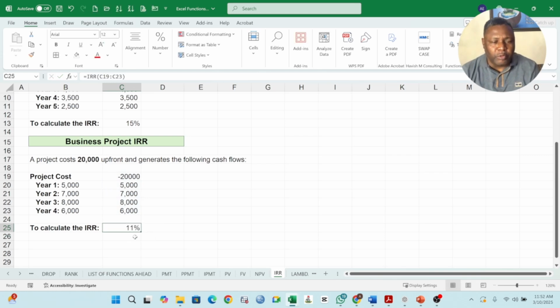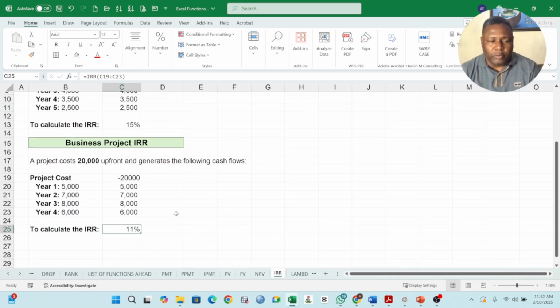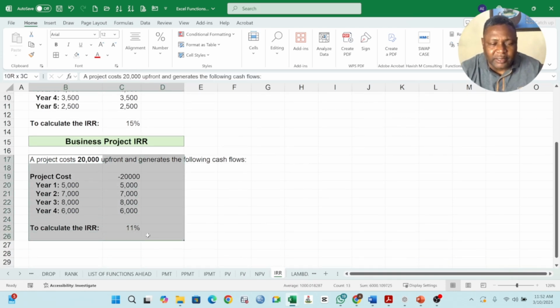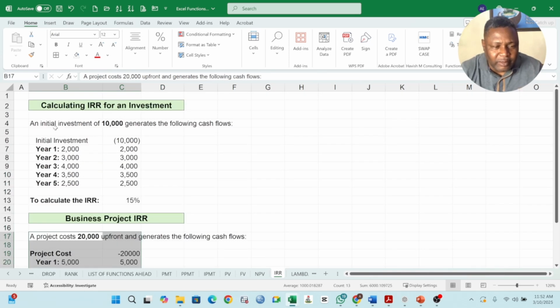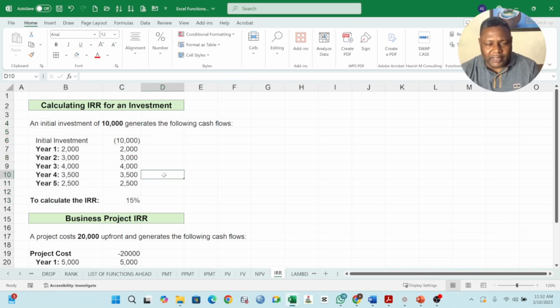It shows an 11% internal rate of return. If you are doing financial analysis, this rate of return is going to be compared with a standard rate to know whether this project is profitable or worth it, and whether an investment is worthwhile.